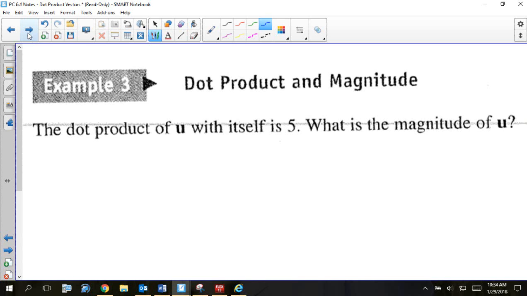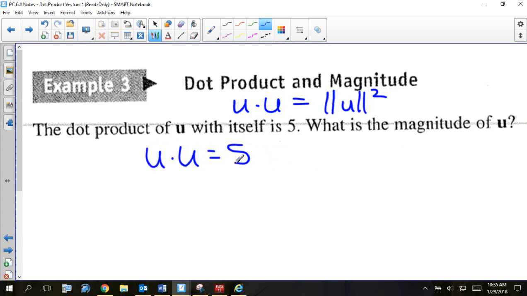Okay, the dot product of u with itself is 5. What's the magnitude of u? I told you we'd be using this one on the back. I'll just recopy it so you don't have to flip. But the formula says u times u equals the magnitude of u squared. So this says the dot product of u with itself equals 5, and it asks, what is the magnitude of u?